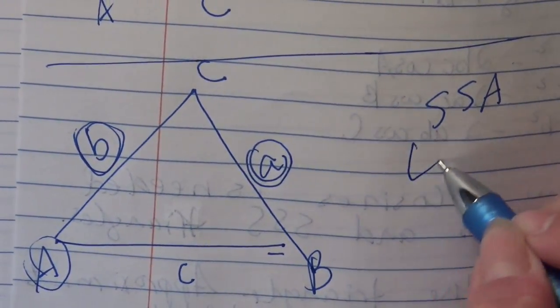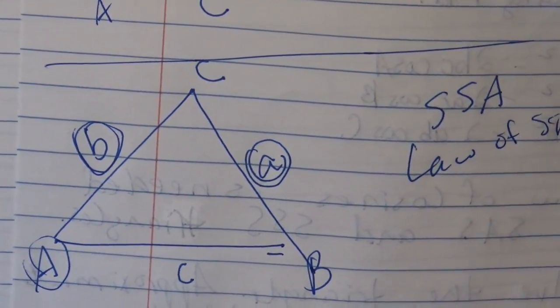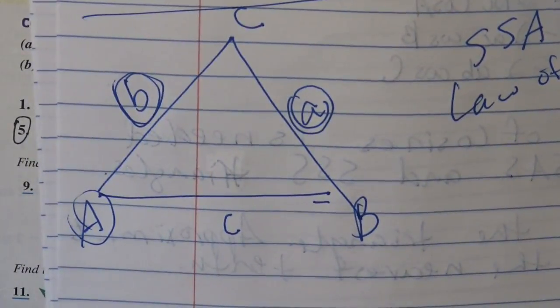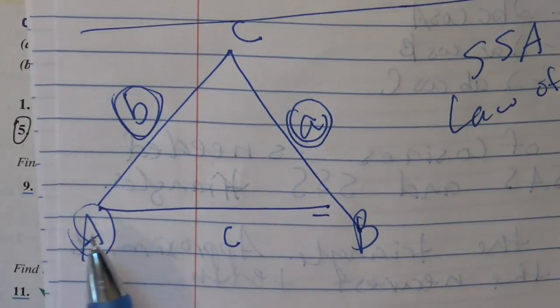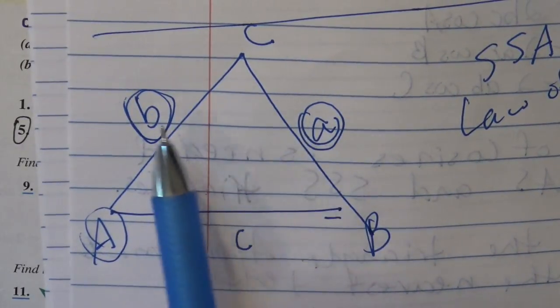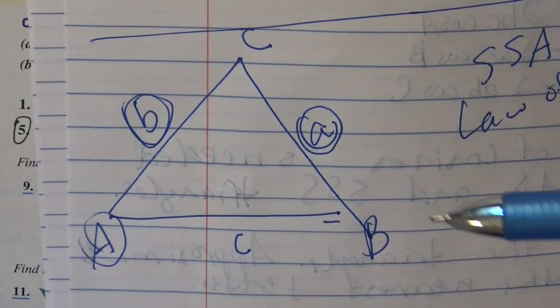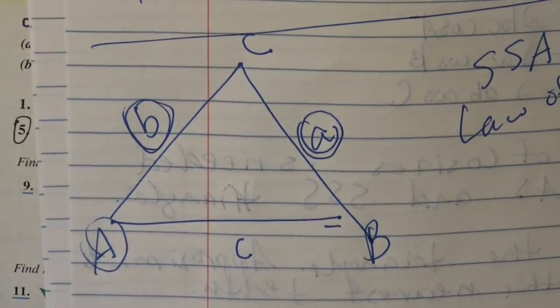So this will be a law of sines problem. Hopefully you recognize that as that ambiguous case where you had the angle and two side lengths, and then you had to decide if you actually had a triangle or not, depending on how long this side length came out to be.